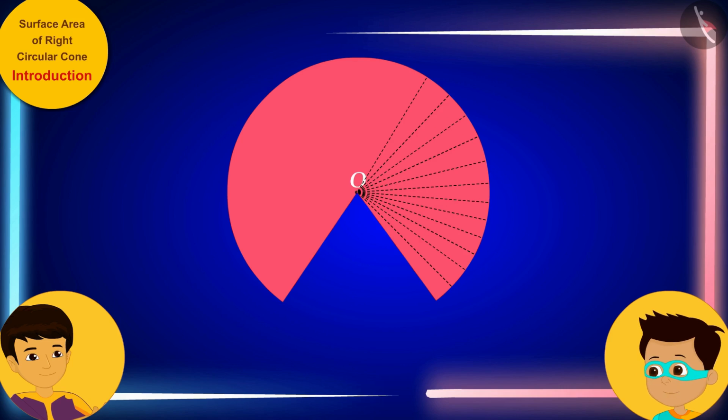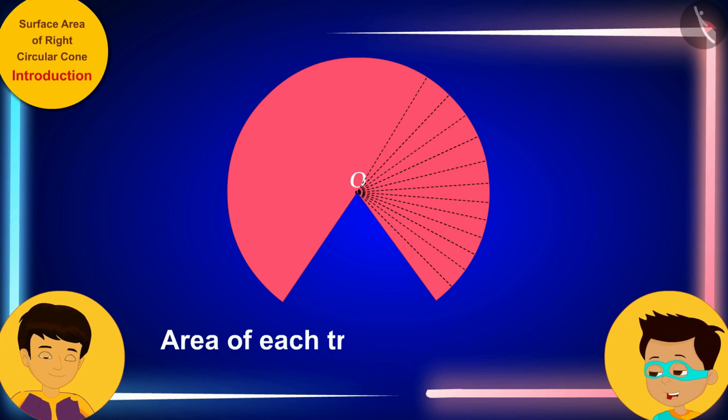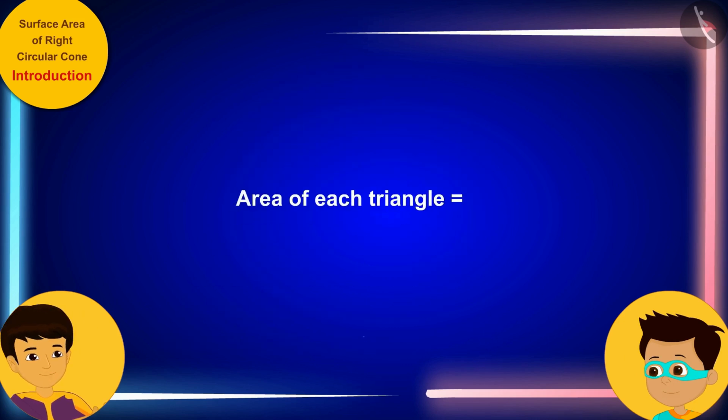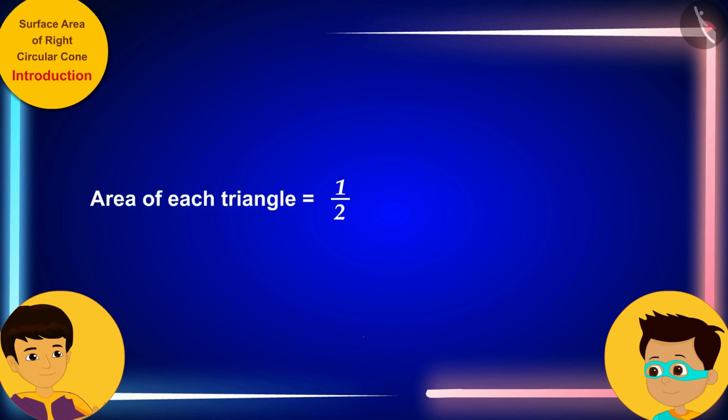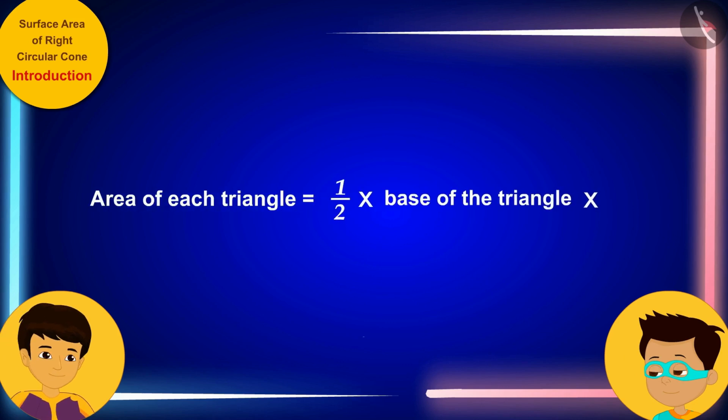Look, Manas, each piece is in the shape of a triangle. So, can you tell me the area of each triangle? The area of each triangle will be 1 by 2 times its base multiplied by the height, which is L here.